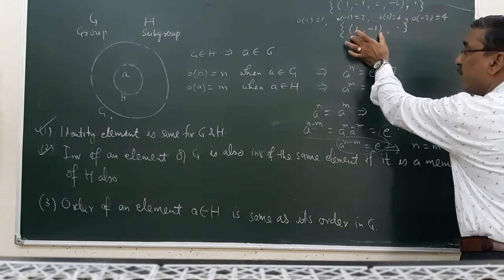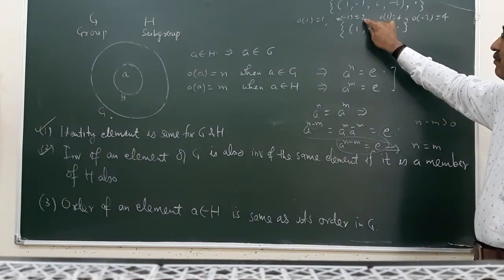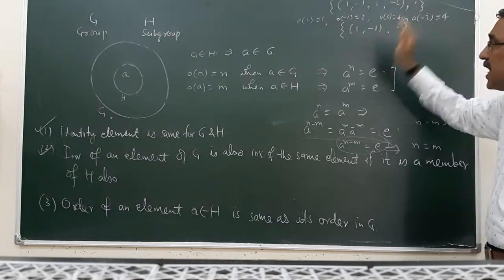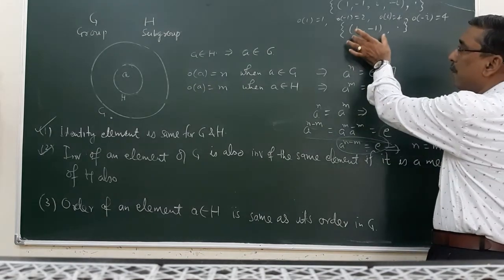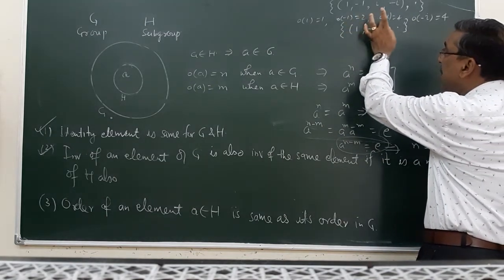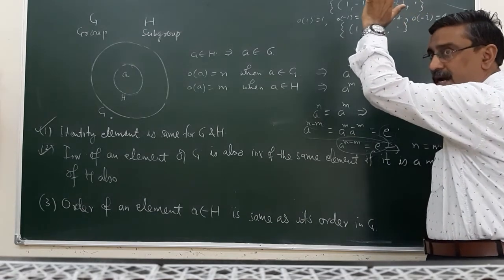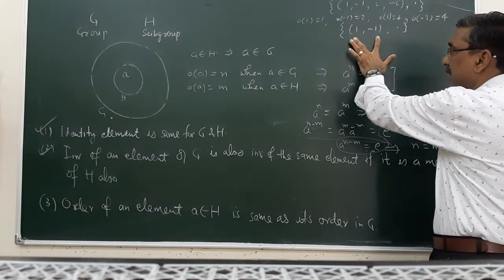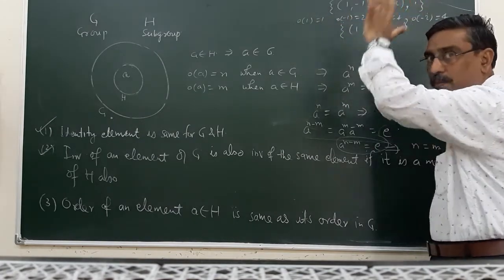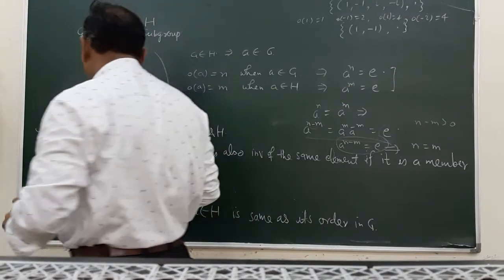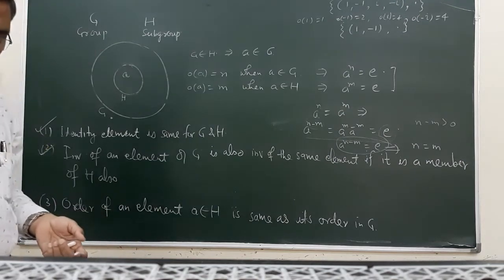So there must be at least 4 elements, and the group must be the same. The order of these elements is less than the order of this element. So any group which possesses this element iota must be equal to this group itself. An order less than 4 may give us a subgroup. So the order of an element belonging to H is the same as its order in G.